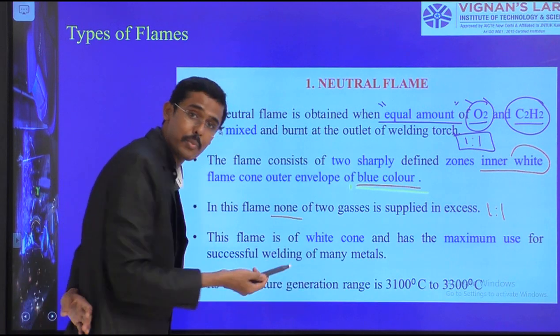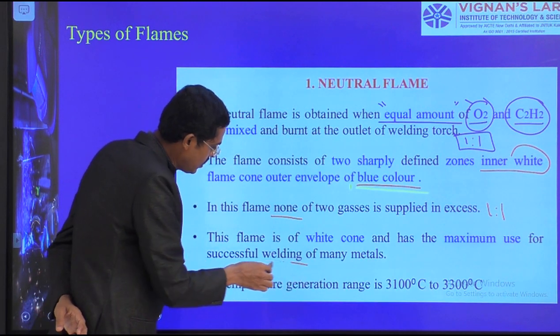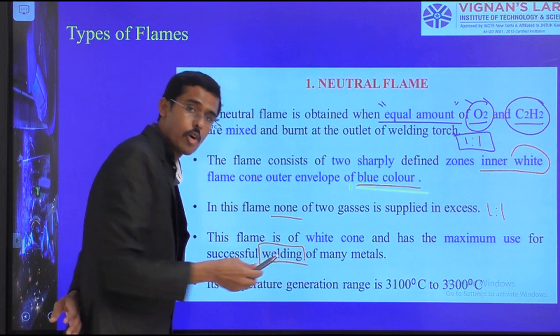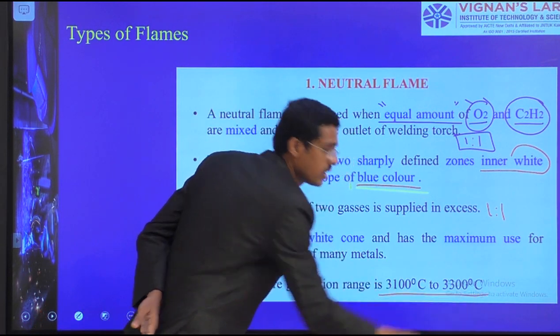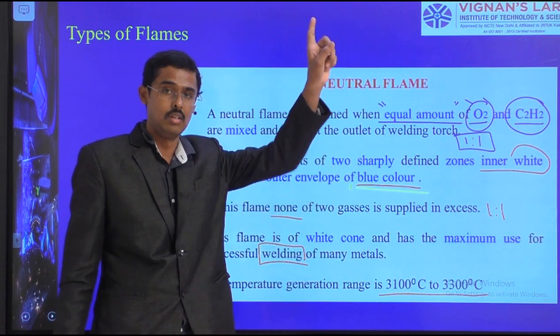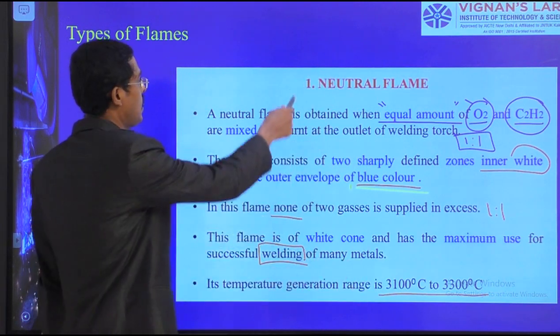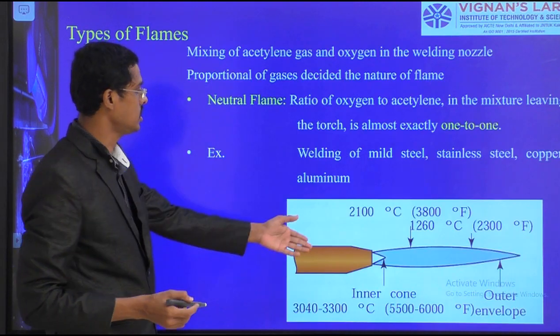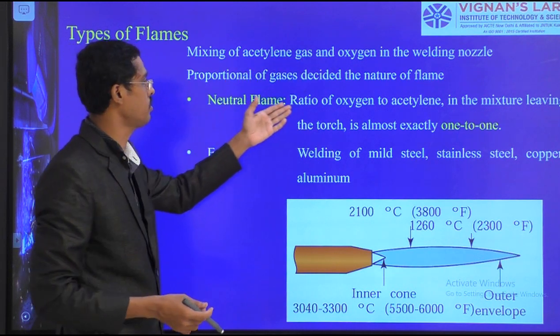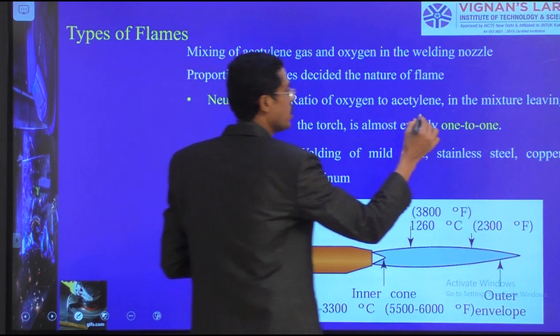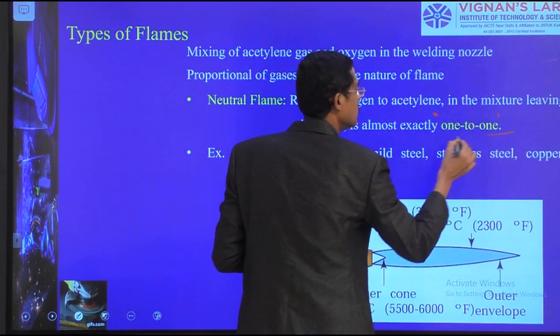So we came to the application now. So 3100 is used for welding. How much temperature have they given here? 3100 degrees centigrade, 3000. Yeah. This I have mentioned in the table. You should see now about the neutral flame. This is how it looks. Mixing of oxygen and acetylene in the welding zone, in the ratio of 1:1.